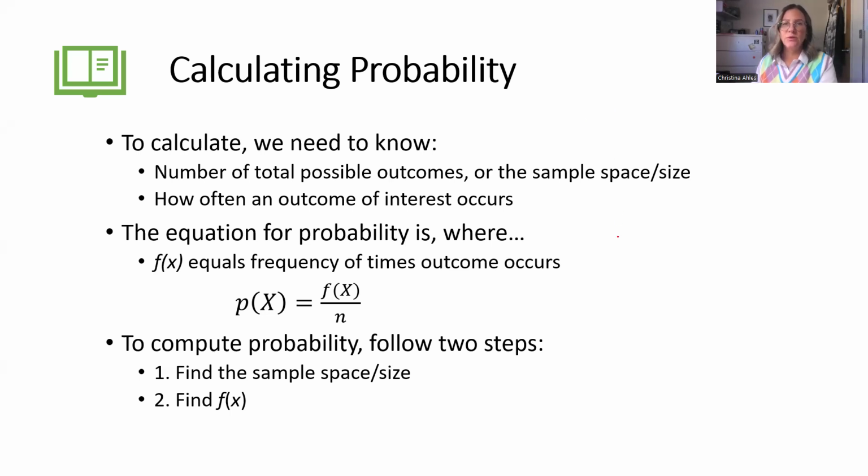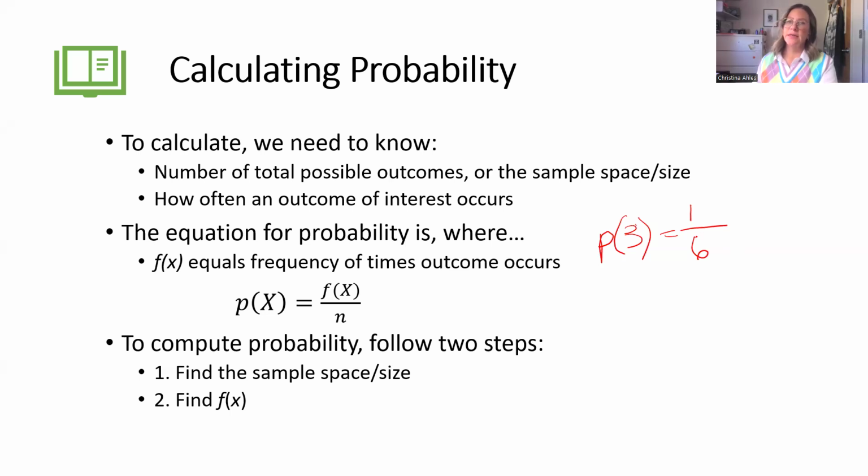So if I was to write that, it would be P, and we're looking for the number three, and there's only one number three, one X value, and we have six sides of the die.